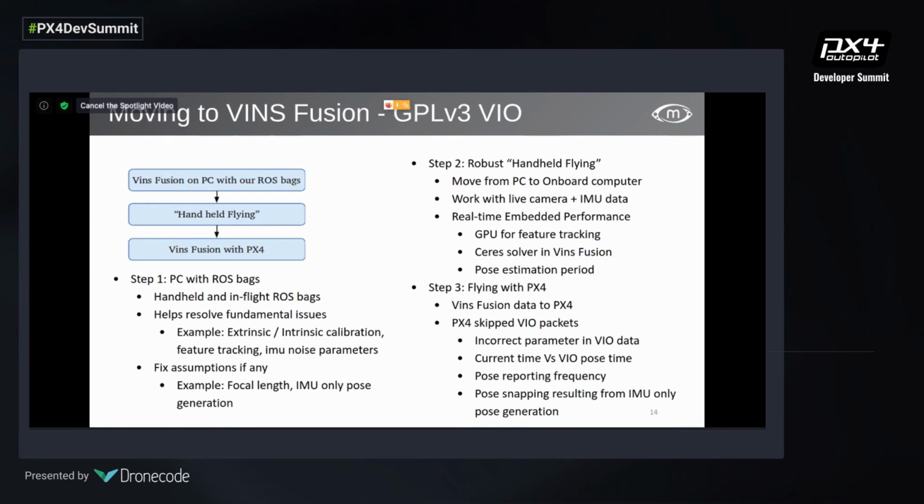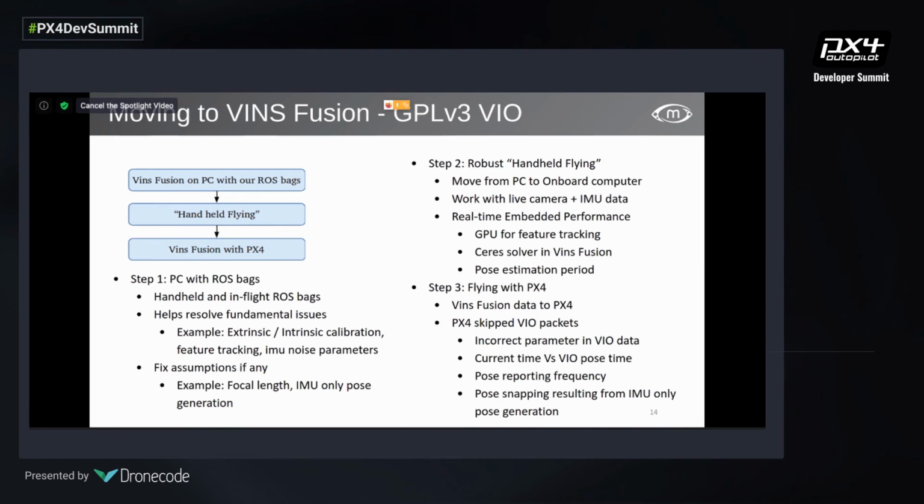The final step was to try VINS-Fusion with PX4. The first step was to send the VINS-Fusion data to PX4, and the way in which we did that was, as James mentioned earlier, using the Voxl Vision PX4 that we have. We sent the VINS-Fusion data using that mechanism. The problems that we ran into were sending an incorrect parameter for the VIO data.